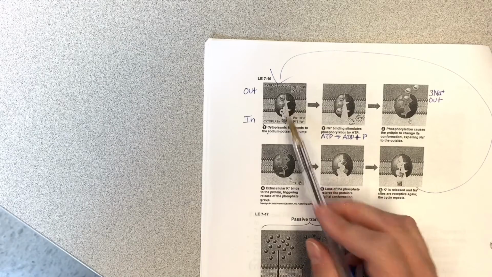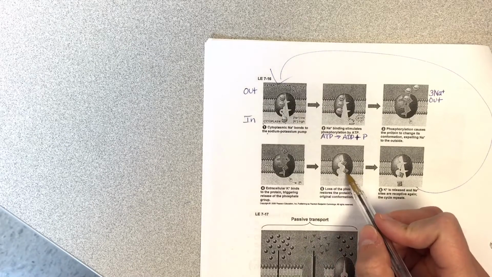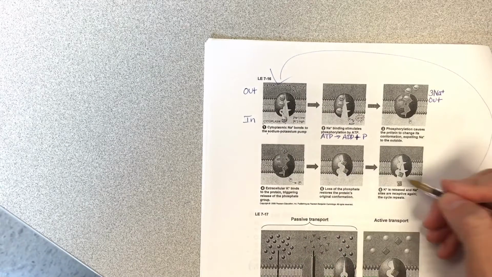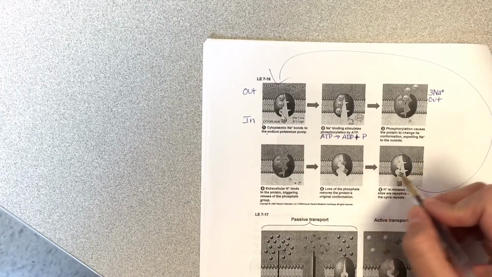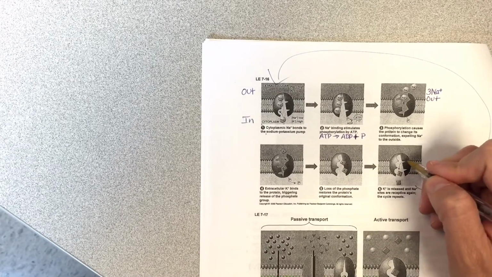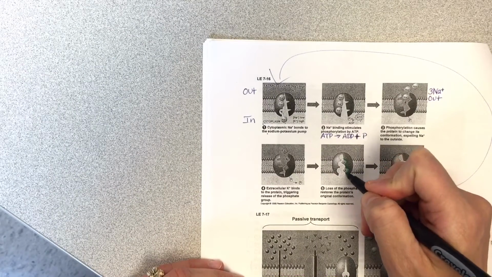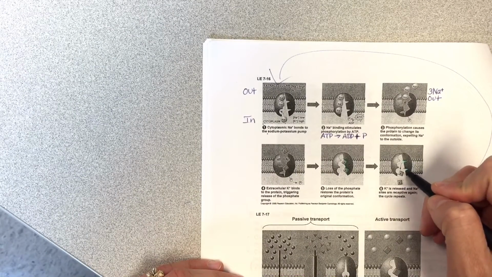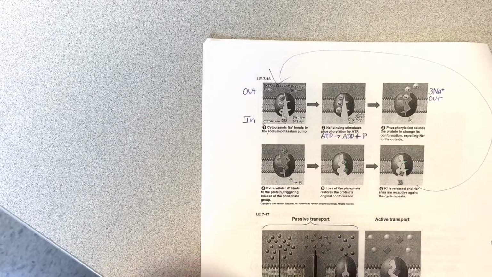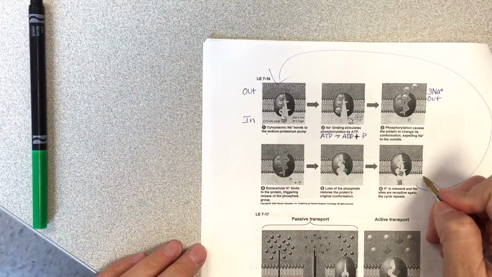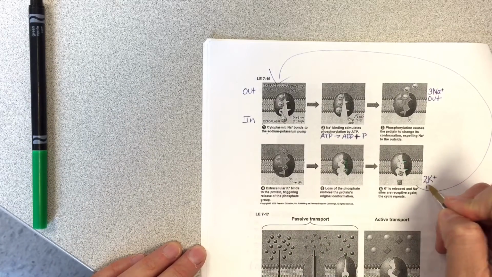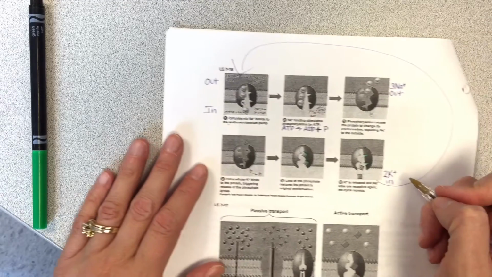So it's back here in its original shape, and the potassiums then leave. Notice from this picture to this picture, as it goes back to the shape, the binding sites have changed shapes, and so the potassiums go into the cell. So now we have two K pluses that go into the cell. So let's draw here.